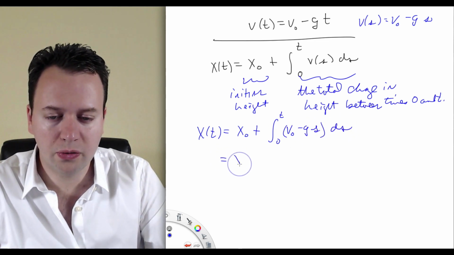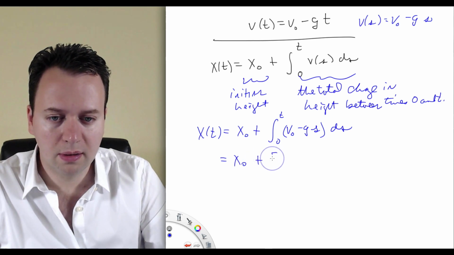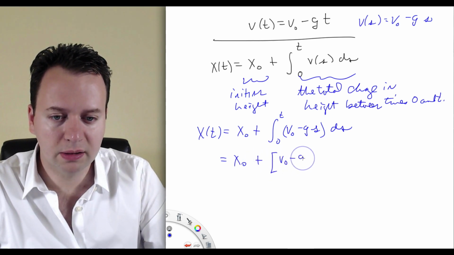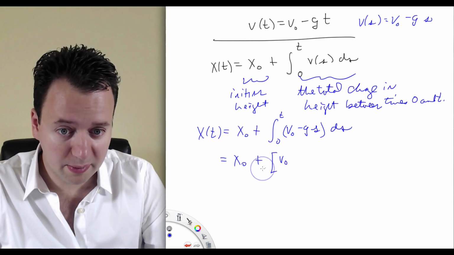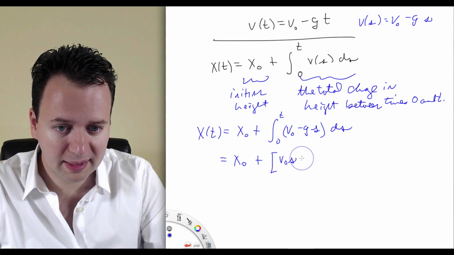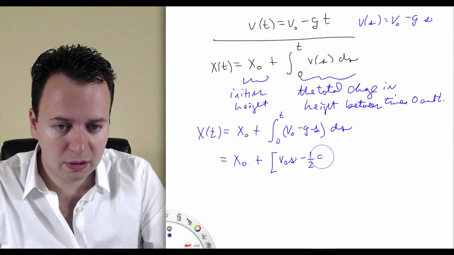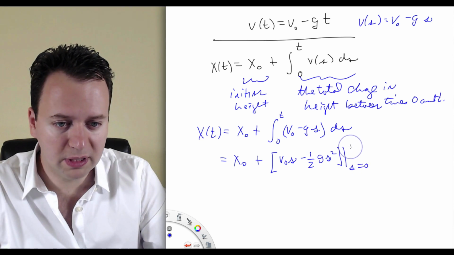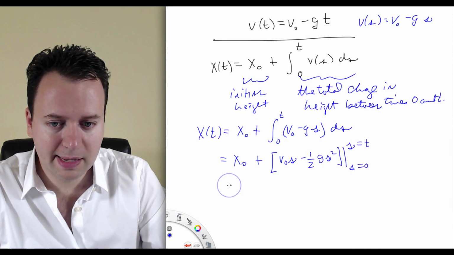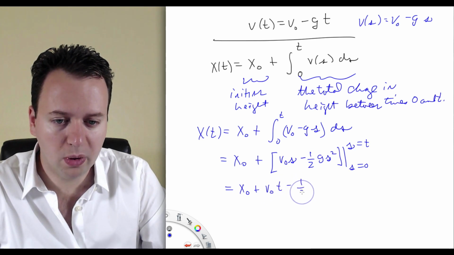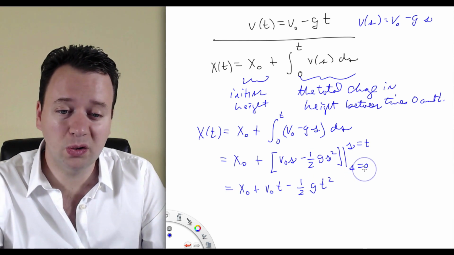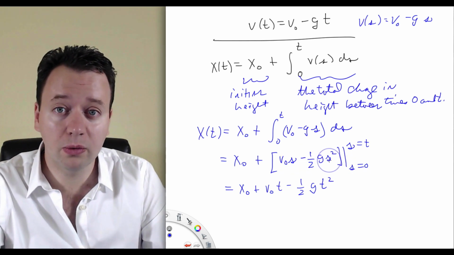So if I just follow through with it, the antiderivative is v sub 0 times s, integrating with respect to s, minus 1/2 g s squared, evaluated from s equals 0 to s is equal to t, so we get x sub 0 plus v0t minus 1/2 g t squared, and at the lower end point when s is equal to 0, I get 0 minus 0, which vanishes.